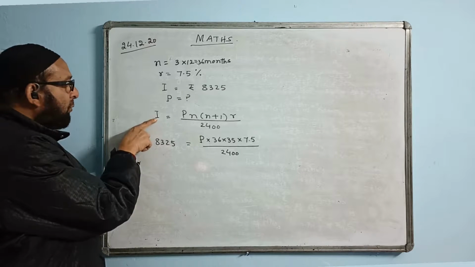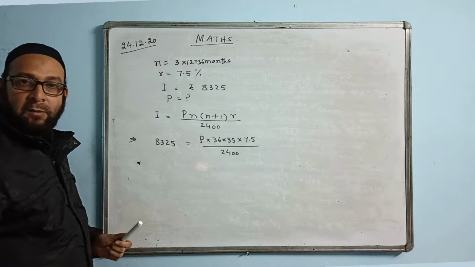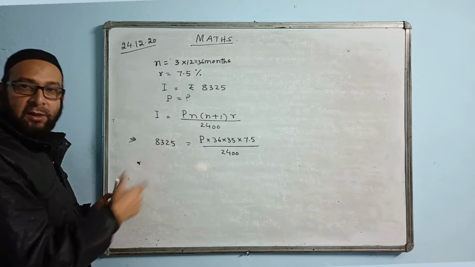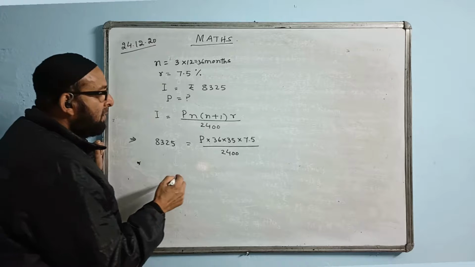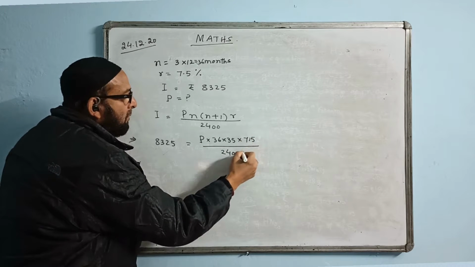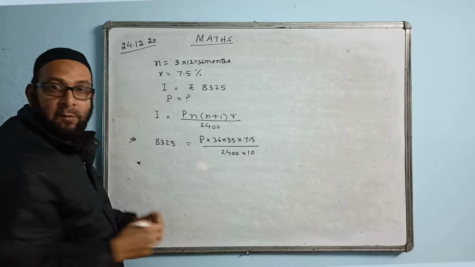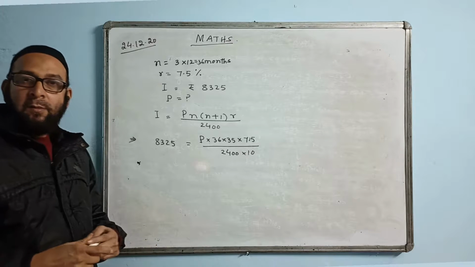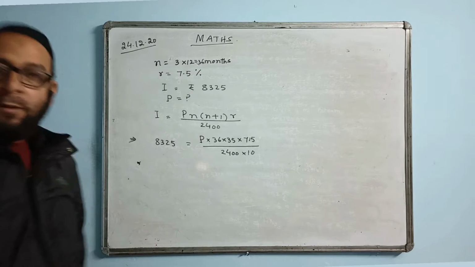Here only we will equate. We will put the value of I just below this. Now we are calculating and finding the answer.